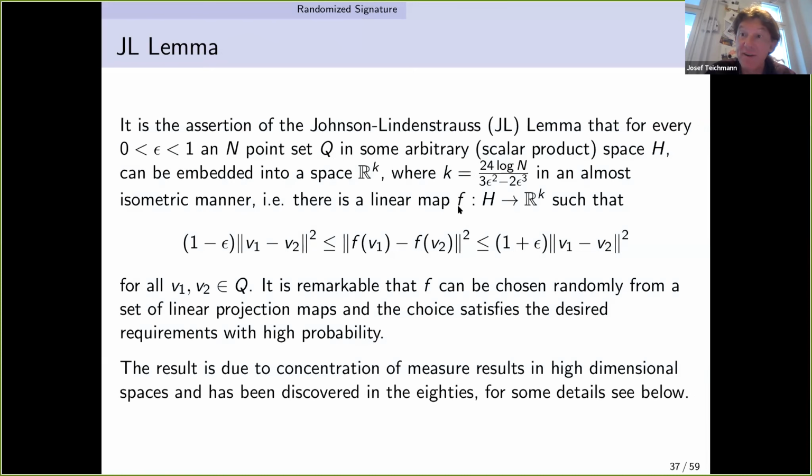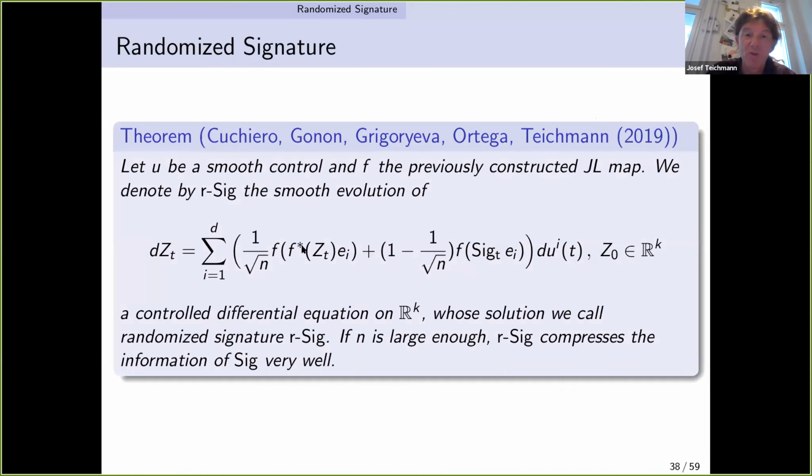The fascinating thing is also that the maps which do that job can be chosen linear and can be constructed with high probability as random matrices. So random matrices with high probability have this property.